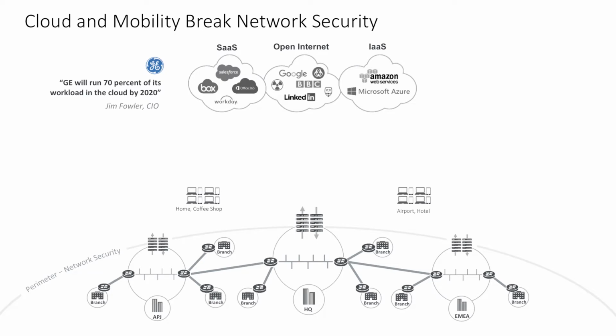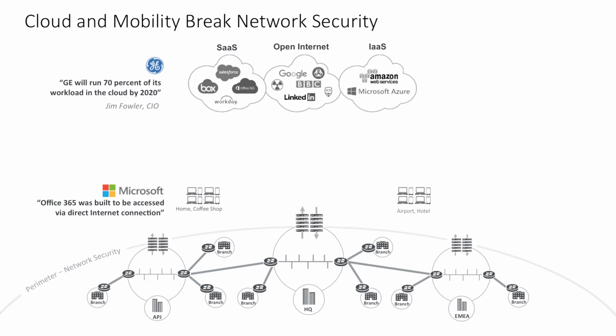The perimeter-based control was not sufficient at that point of time. Applications such as Office 365 were built to be accessed from the internet directly. Following the old world of hub and spoke network is going to add latency in the data path and compromise the user experience.